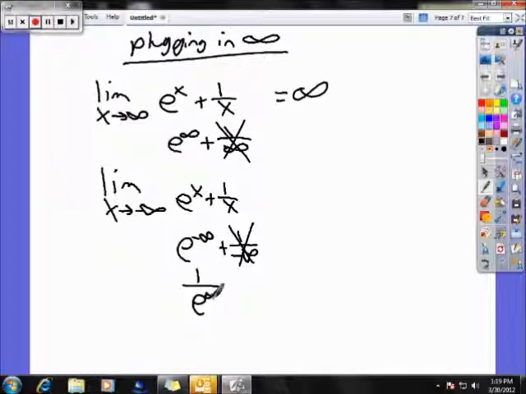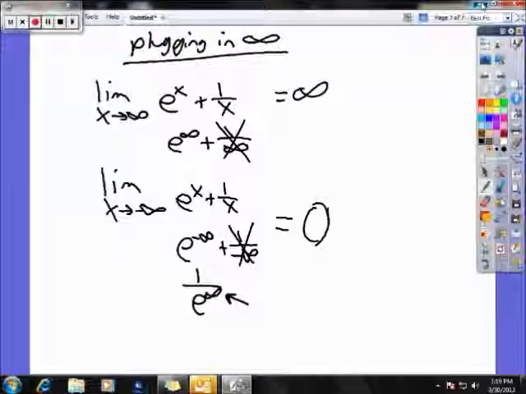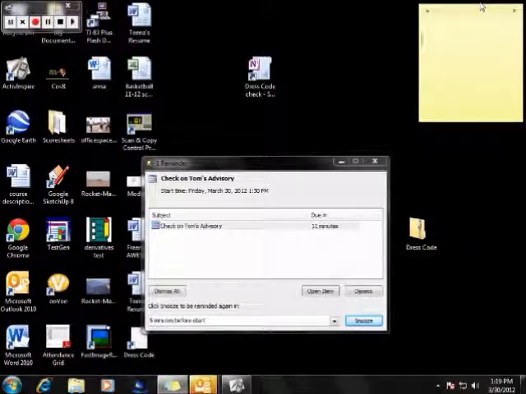Okay? So that means that whole thing's going to end up being 0. The bottom, this fraction down here, the bottom's getting bigger and bigger, which makes the whole thing equal to 0. Okay? Let's graph this so that we can get a good idea of what this looks like.